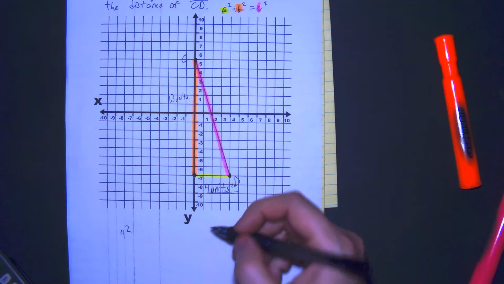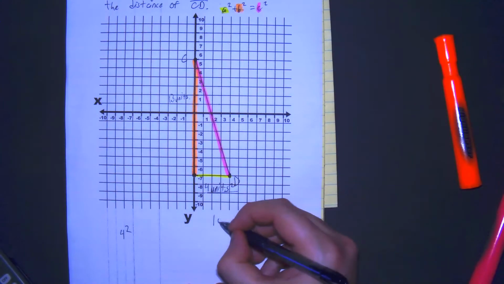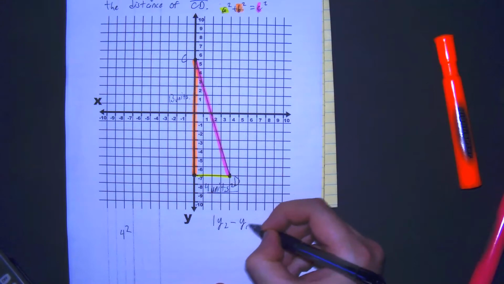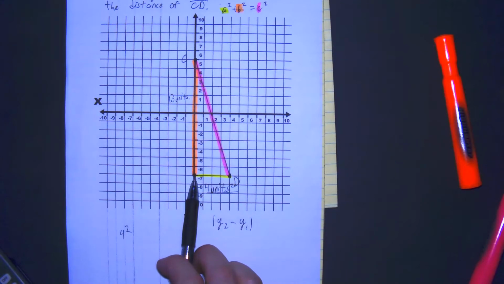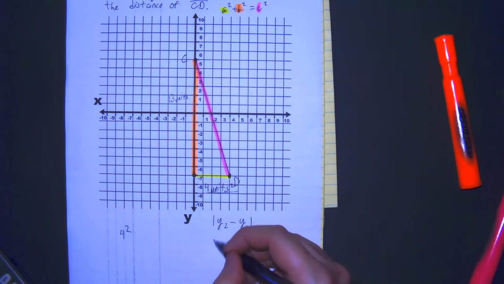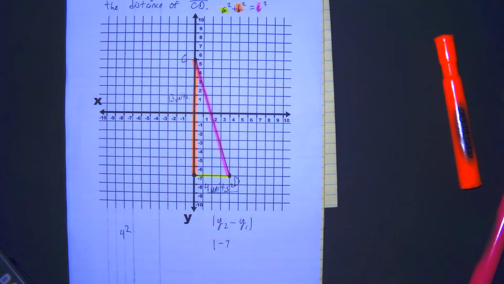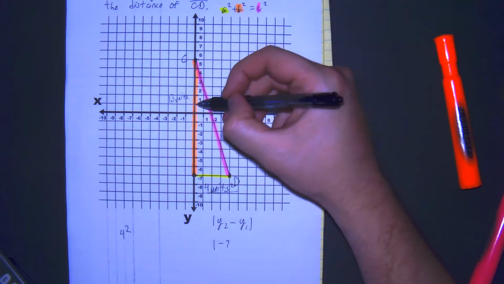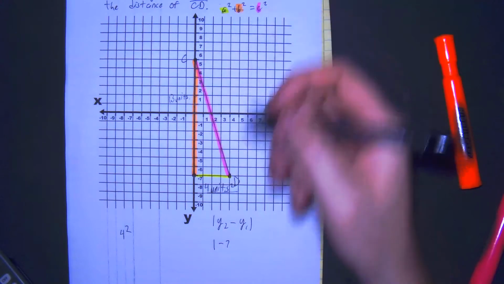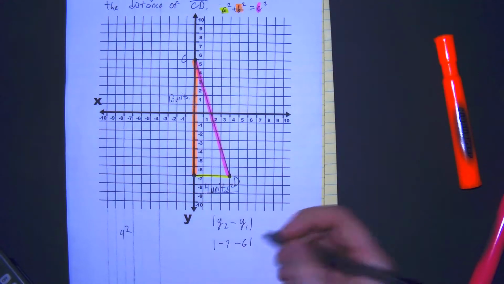Well, I can find the absolute value of y2 minus y1. So that means for our second point D, we have a negative 7. And for this point up here, 0, 1, 2, 3, 4, 5, 6, we have a 6.